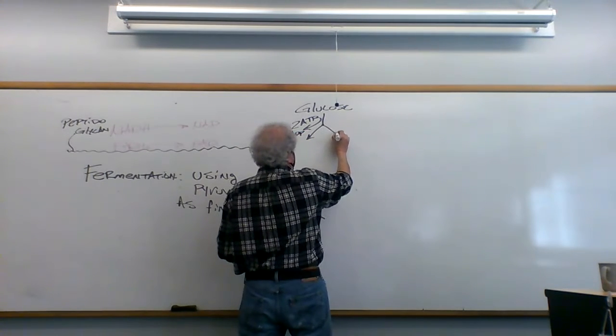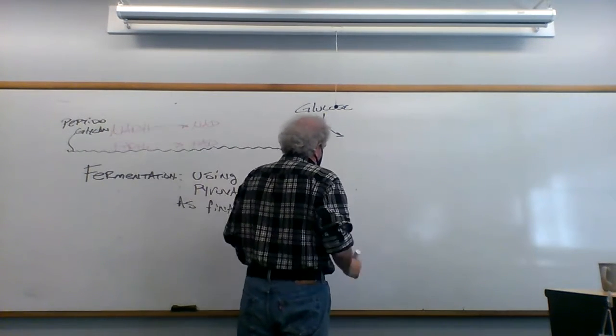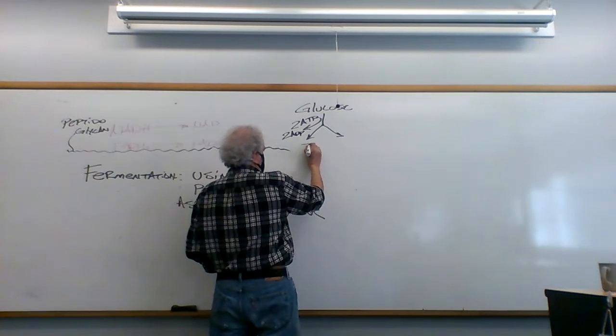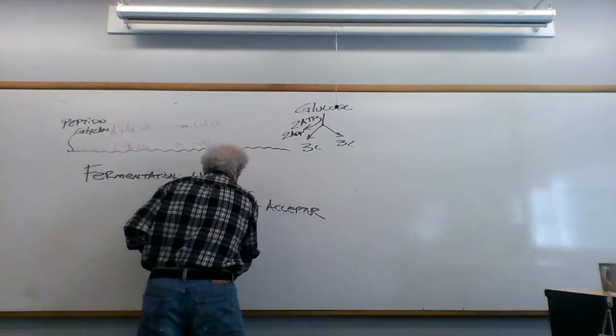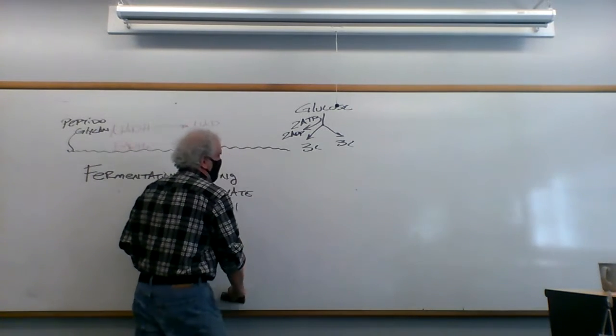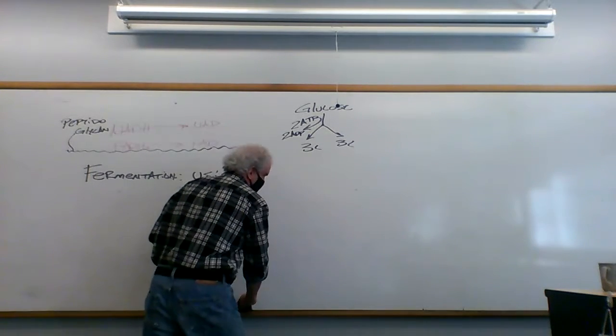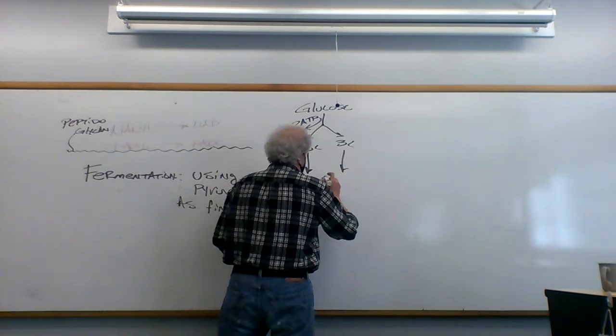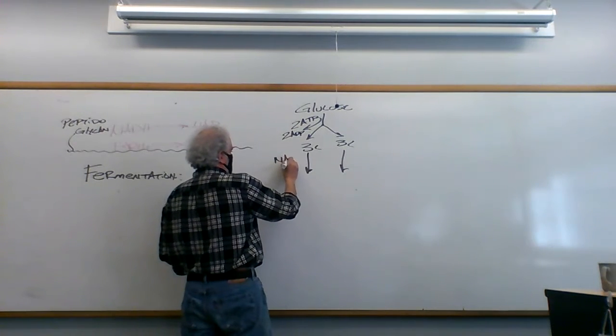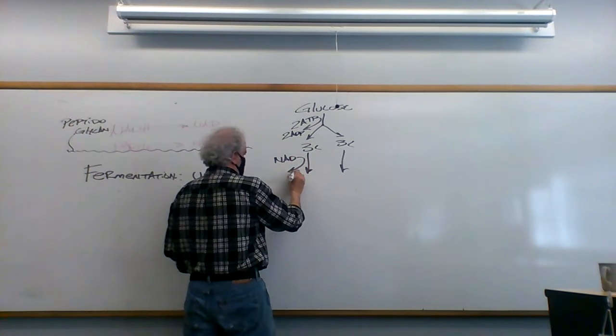Split this into 2 sugars, or into 2 3-carbon molecules, 2 glycerin molecules. So we got the 3 carbon molecules. They are then being oxidized, meaning that we have to have an electron acceptor come in, pick up an electron.